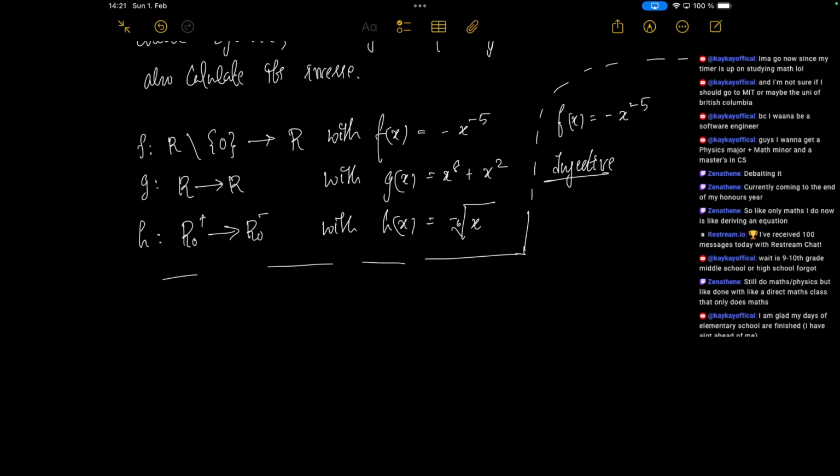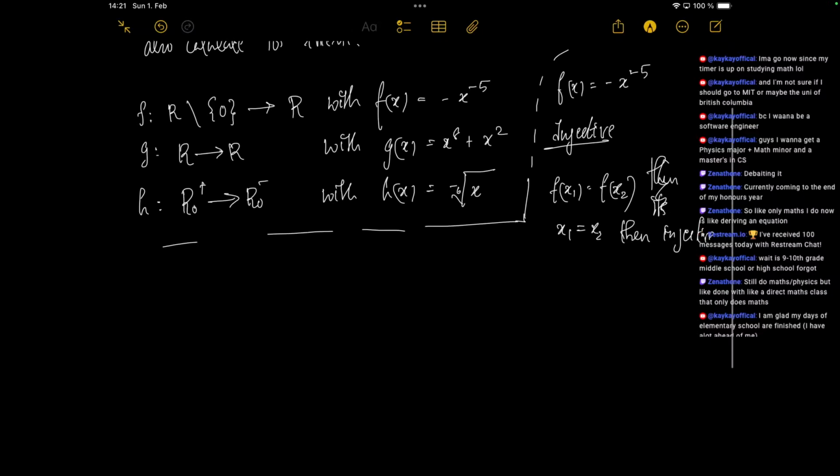So, from what I understood, f of x1 equals f of x2. Wait, x2. Then x1 equals x2. Then injective. I don't know.